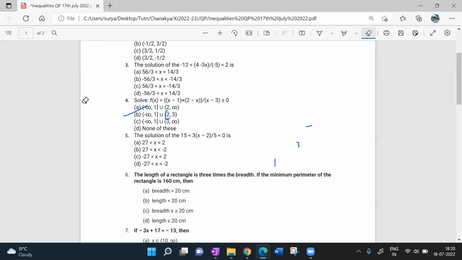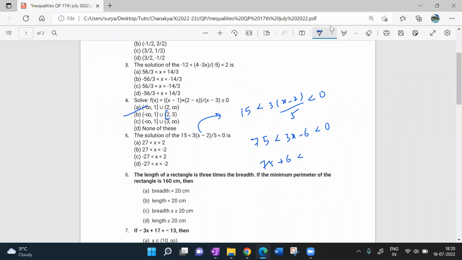How come 27 less than? Okay. Fifth question. So 15 by 75, 3x minus 6 less than 0. So 75 plus 6. Okay.